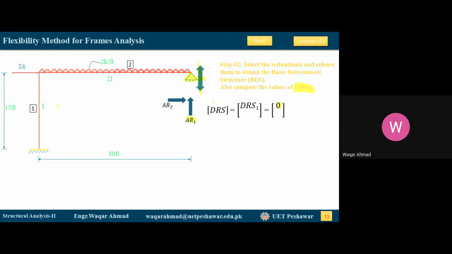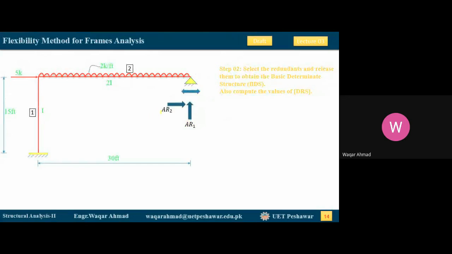Okay, similarly, corresponding to redundant action number 2, AR2, is there any translation of this support? Translation means towards left or towards right. We are given that there is 0 translation in this support.